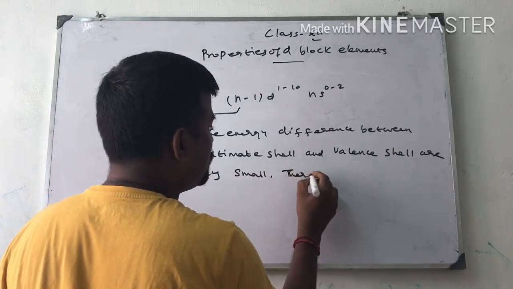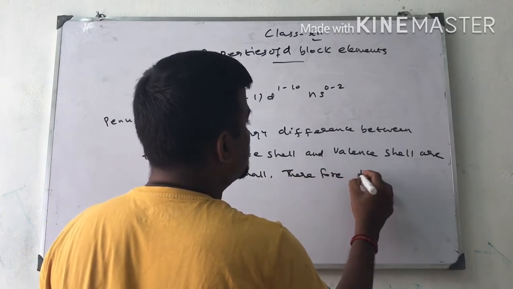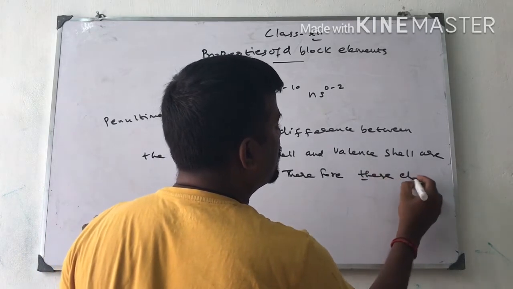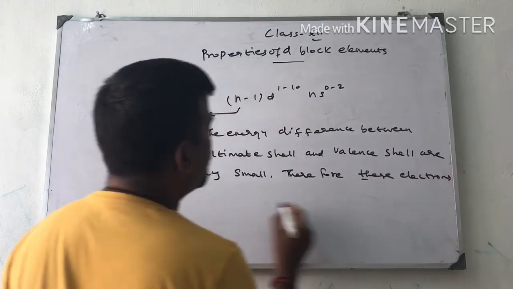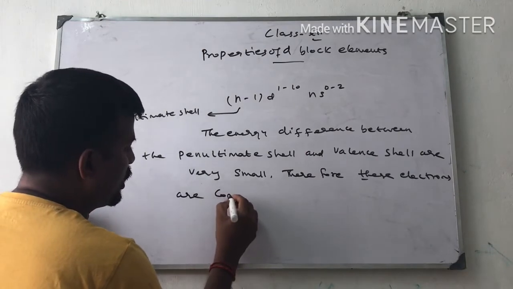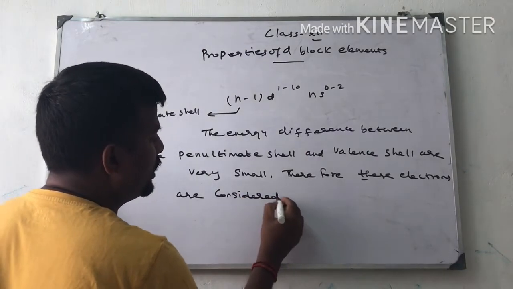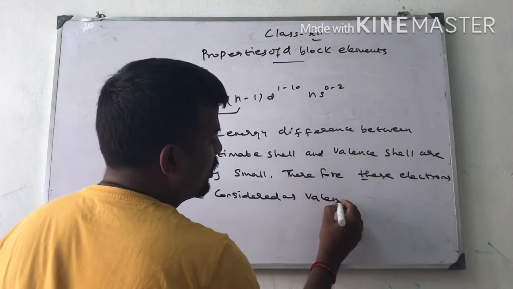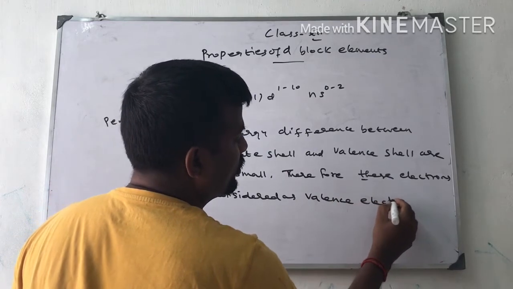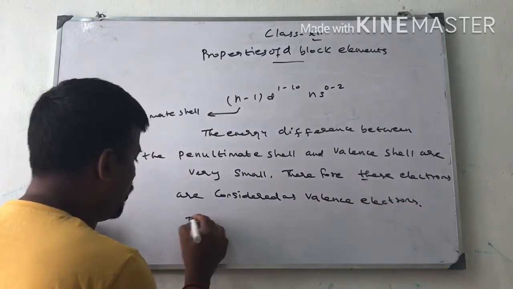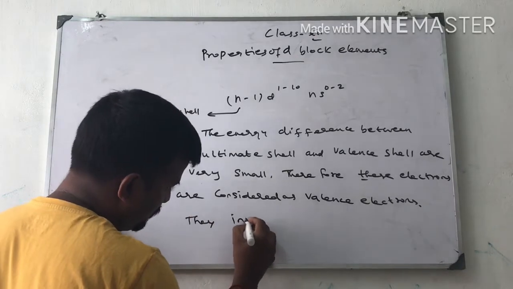Therefore, these electrons are considered as valence electrons. They are involved in chemical bonding.